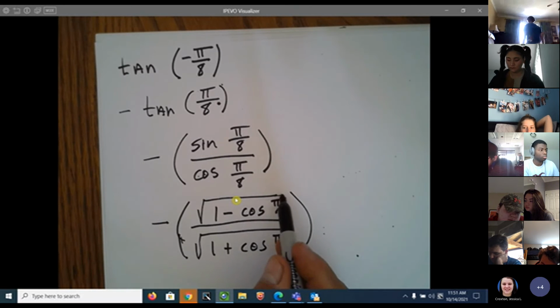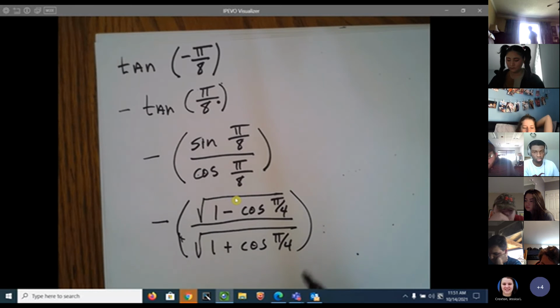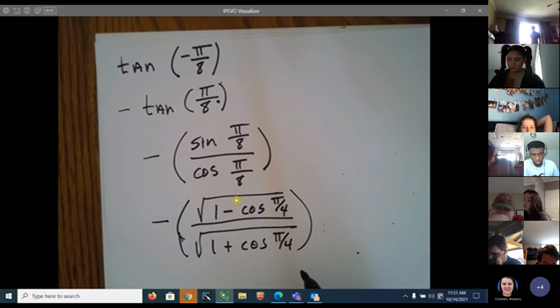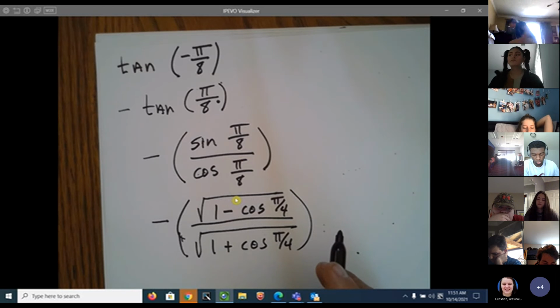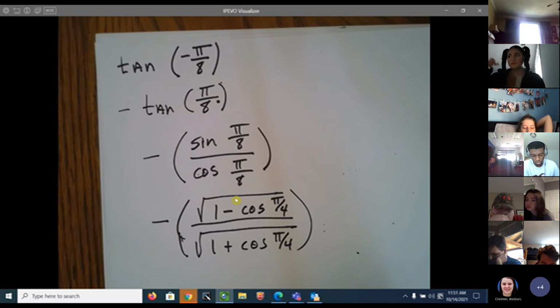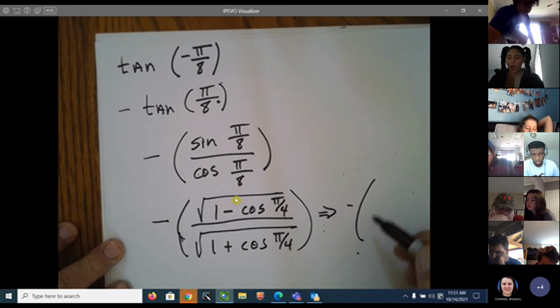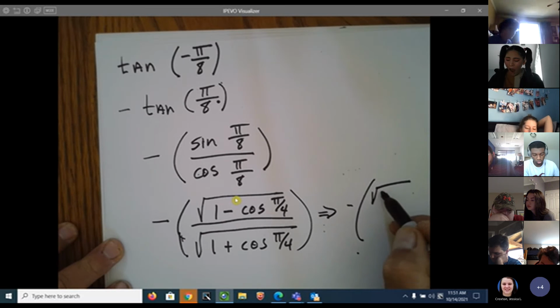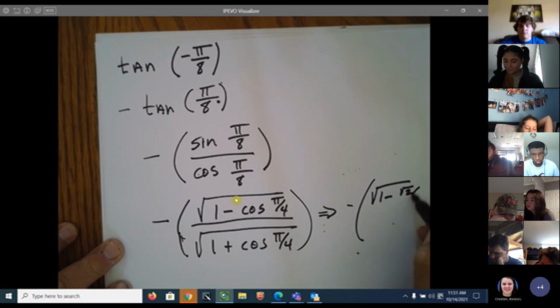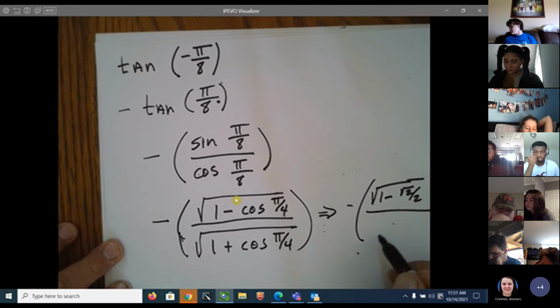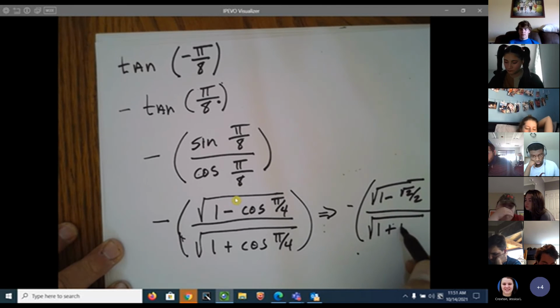Now, crank out the pi over 4, you know what that is. 180 over pi, that's 45 degrees. So the cosine is 1 over the square root of 2, which is square root of 2 over 2. So that's going to equal negative parentheses 1 minus square root of 2 over 2 over square root of 1 plus the square root of 2 over 2.